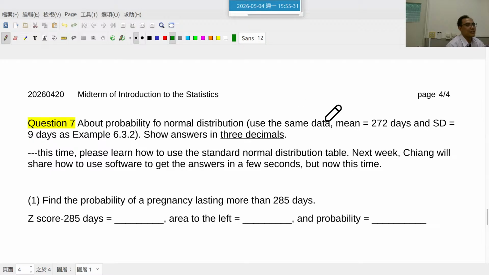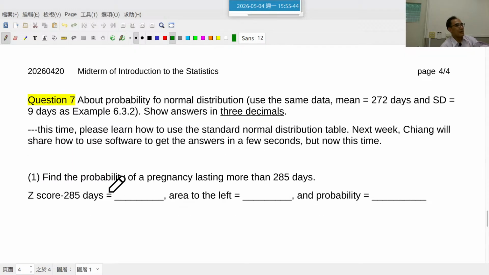Use the same data, mean 270 days and standard deviation equal to 9 days, as in example 6.3.2, and show answers in 3 decimals. This time, please learn how to use the standard normal distribution table. Next week, I will show how to use software to get the answers in a few seconds.